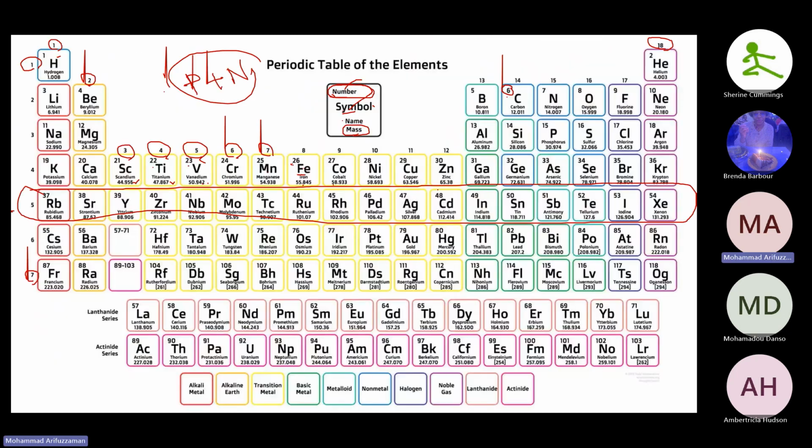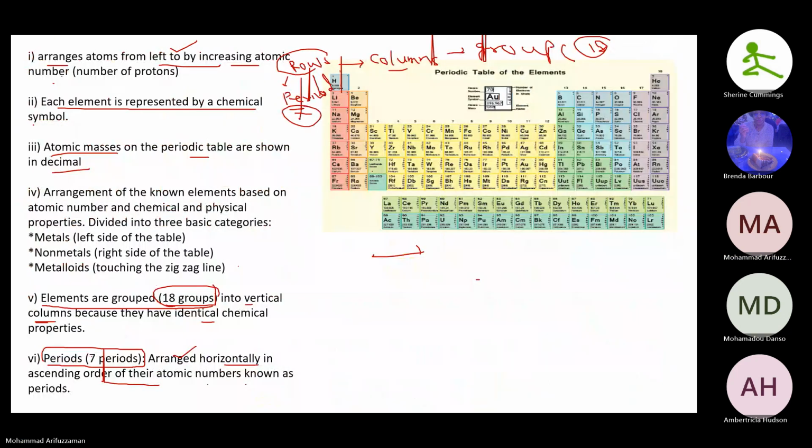You can see here the decimal, that is the mass number. And it is the arrangement of known elements based on atomic number and chemical and physical properties, divided into 3 basic categories.